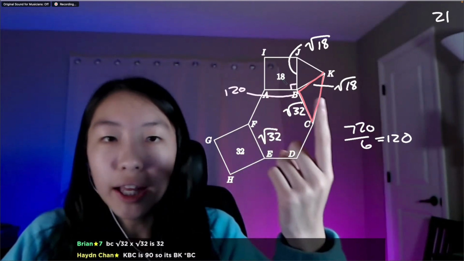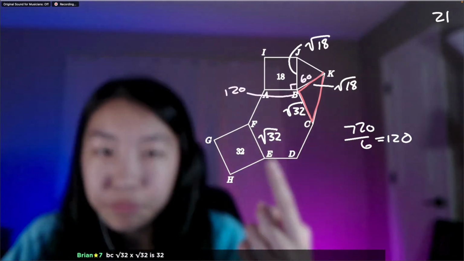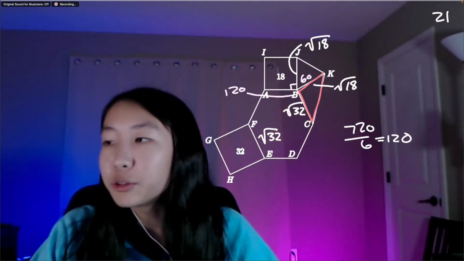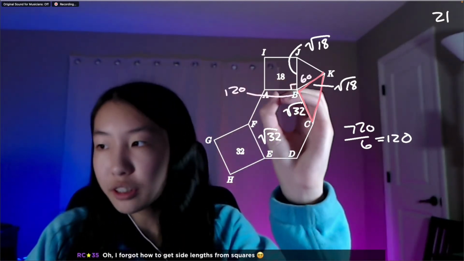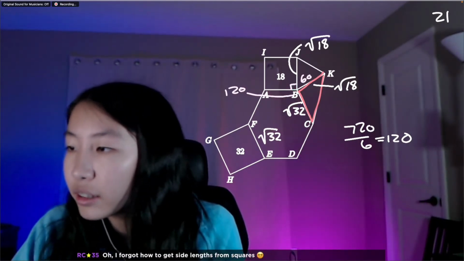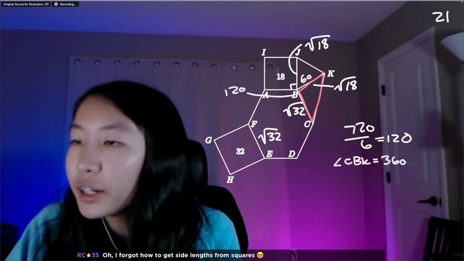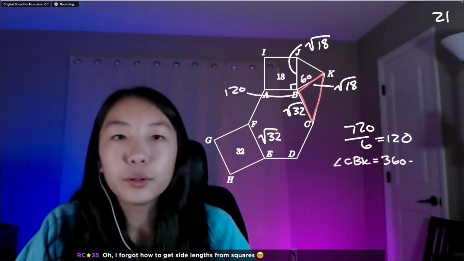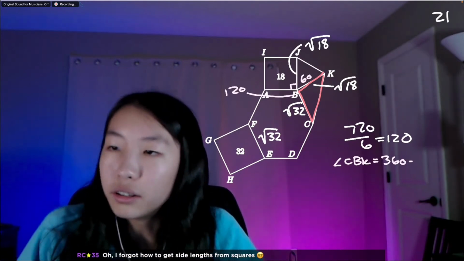We have an equilateral triangle, so that's going to be 60 here. And this is 120. So because this is a full circle here, what is the angle of CBK? It's going to be 360 minus whatever we had else here. So what do you guys think? What is the angle actually going to be?